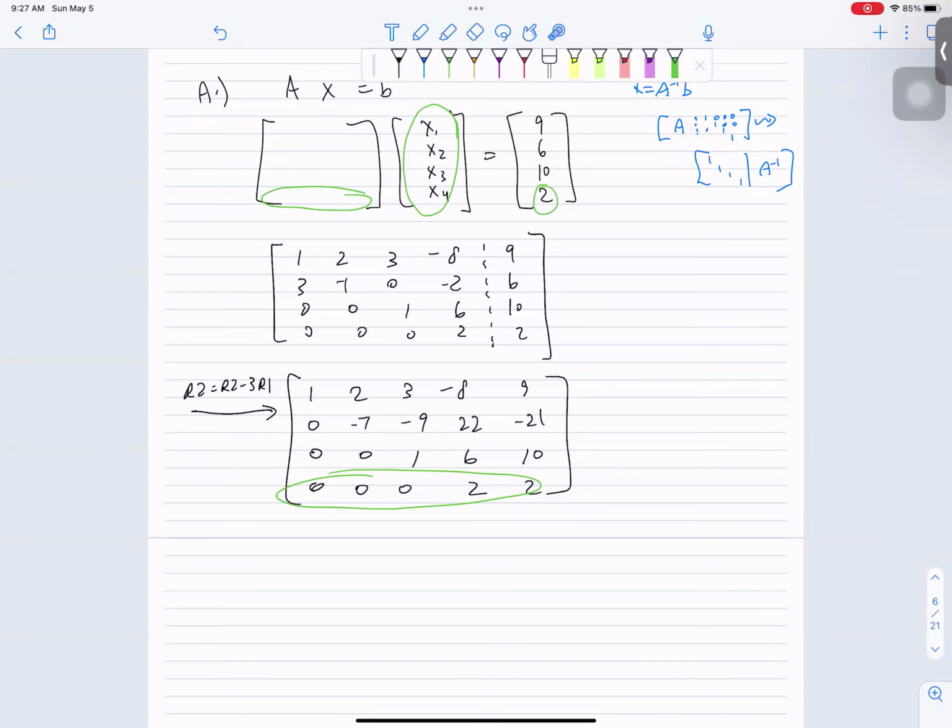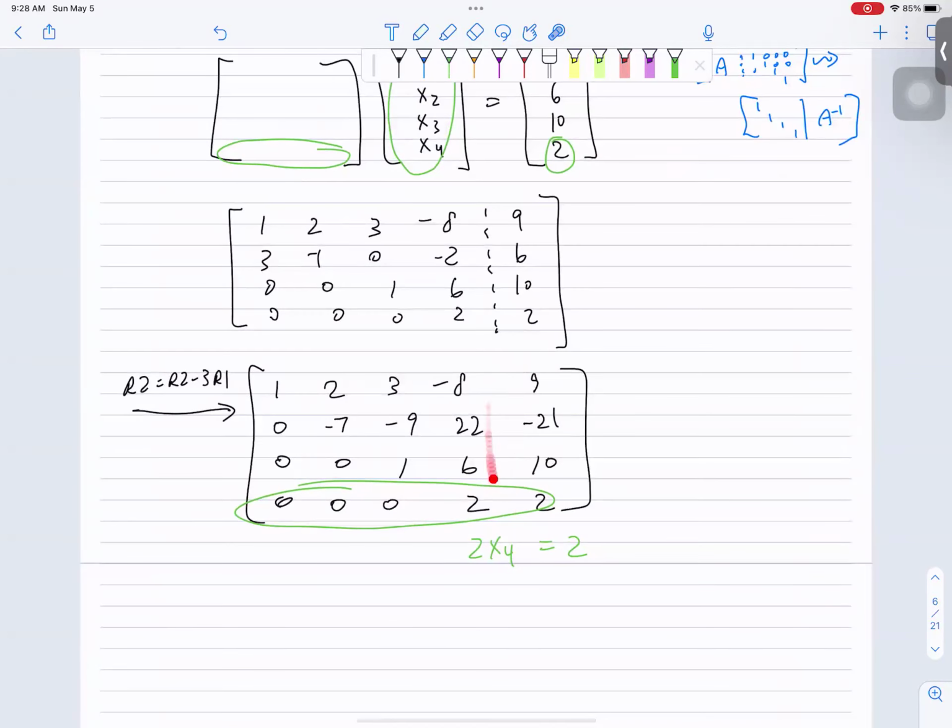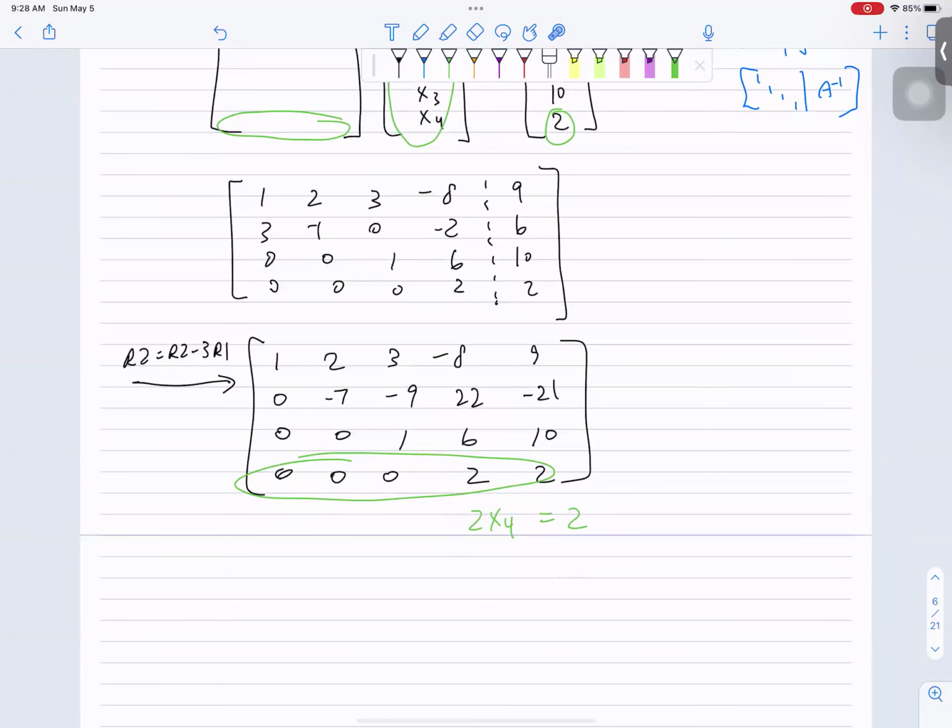So that means 0 x1 plus 0 x2 plus 0 x3 plus 2 x4 equals 2. I'm always imagining what this matrix multiplication is, so I make sure I'm multiplying the correct variables by the correct coefficients. All right, 2x4 equals 2, so x4 equals 1.